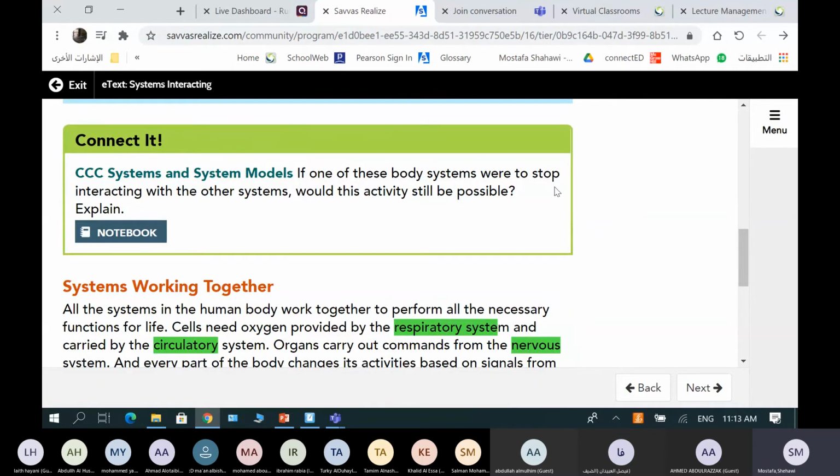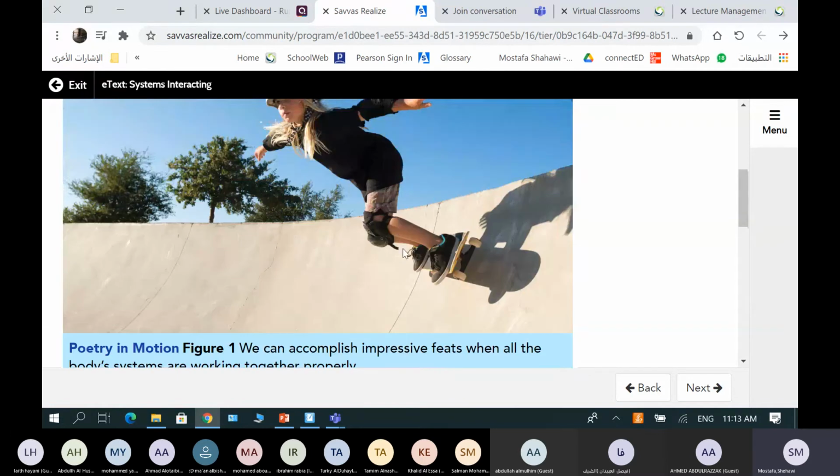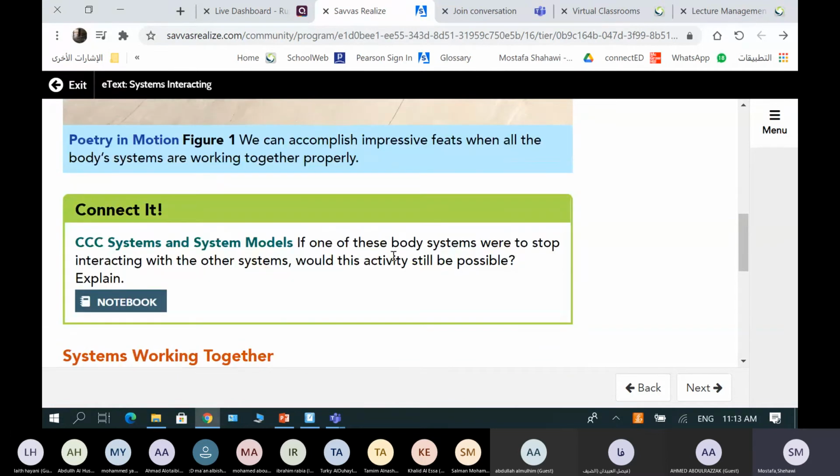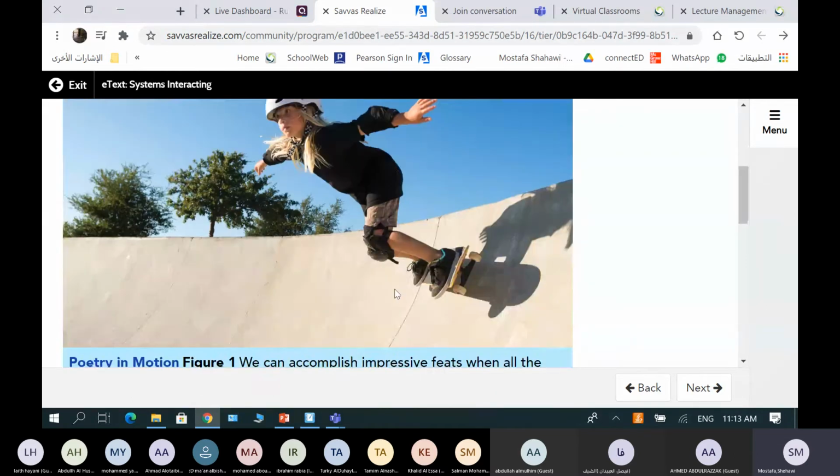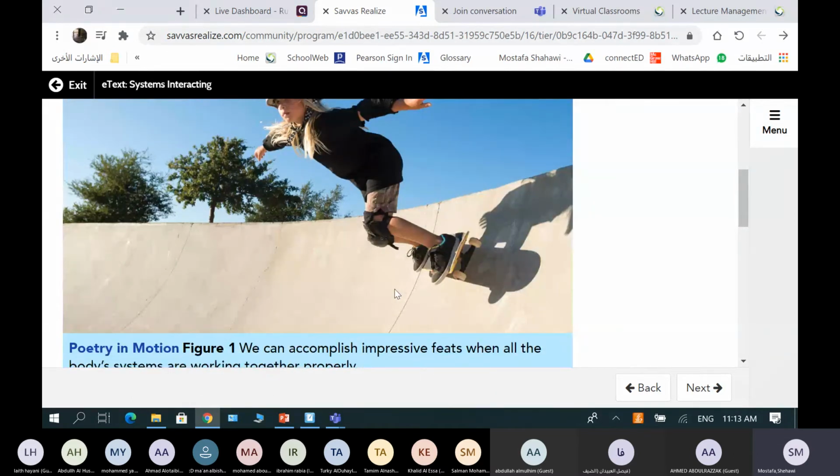If any one of these systems, nervous system, skeletal, or any part of any one of them were to stop interacting with the others, working but not communicating, we will suppose that the nervous system is working but not communicating with the muscular system. What would happen? Would this activity still be possible? Anyone can answer me? If any one system is not working or not communicating, would this activity be possible, guys?